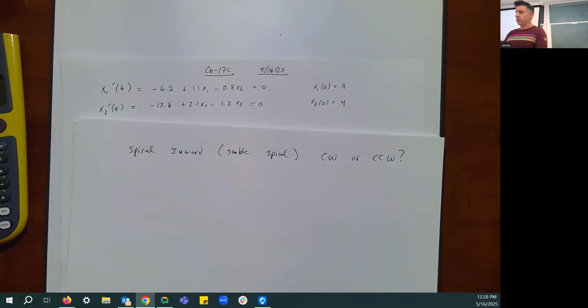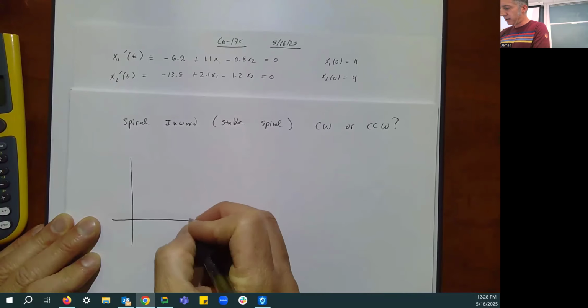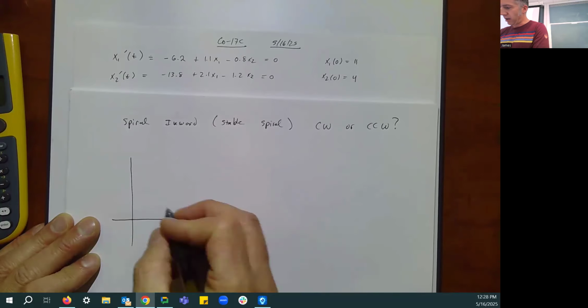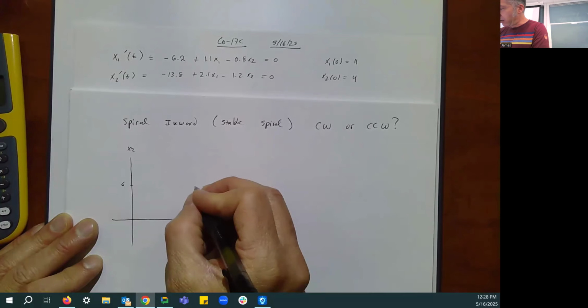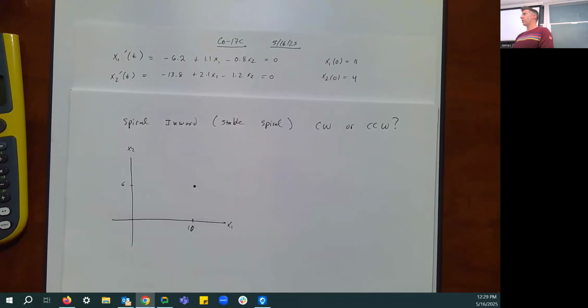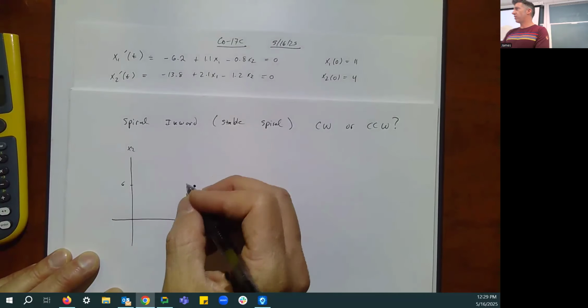We're looking over here at 10 for x1 and 6 for x2. So that's our equilibrium that we're spiraling inwards towards, and our only question is, are we spiraling inward like that or inward like that? Are we going clockwise or counterclockwise?